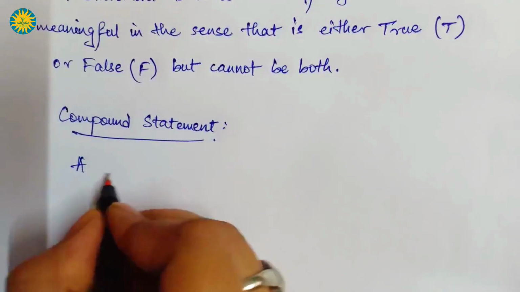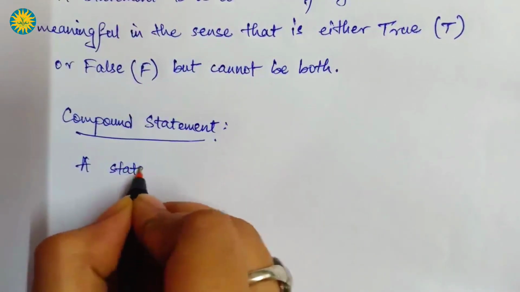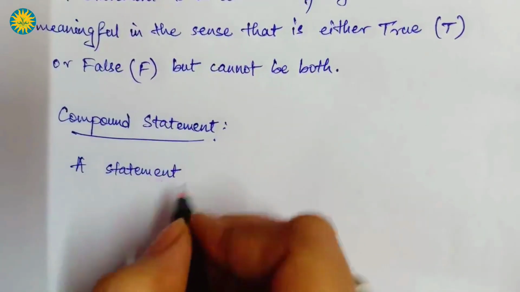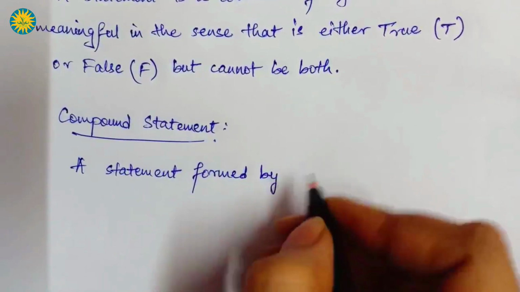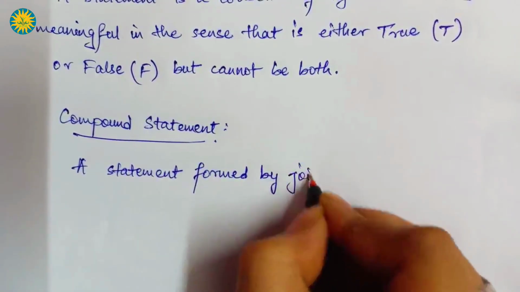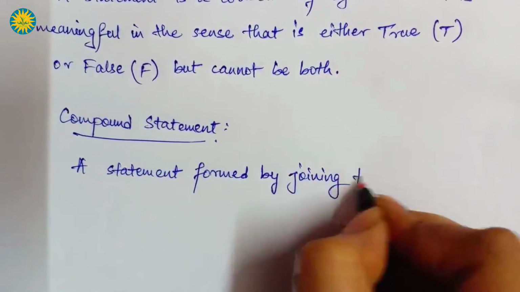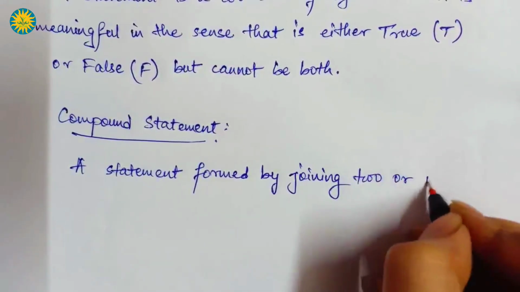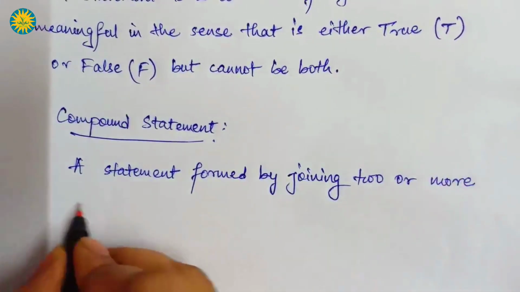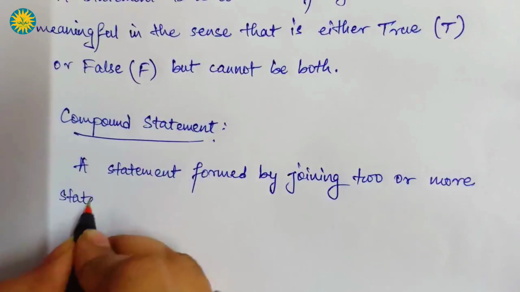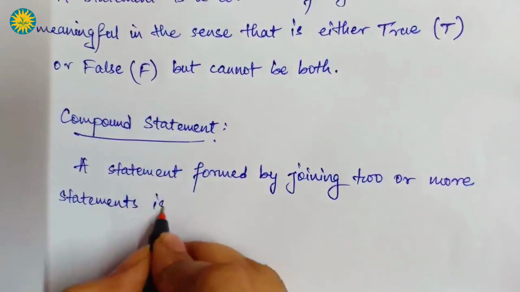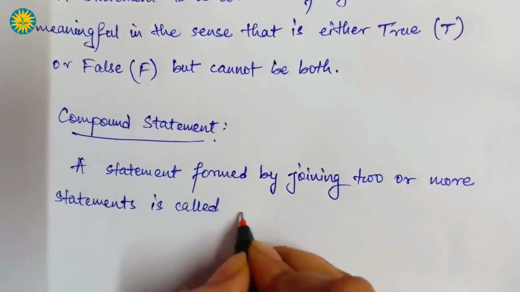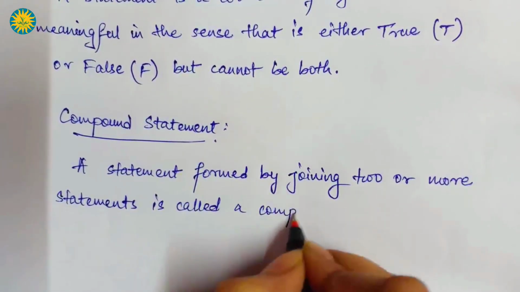A compound statement is a statement formed by joining two or more statements. This is called a compound statement.